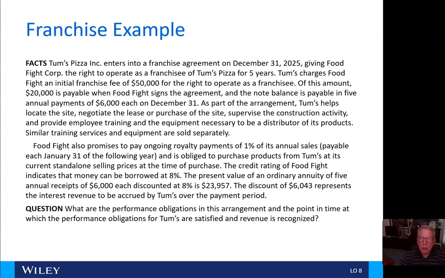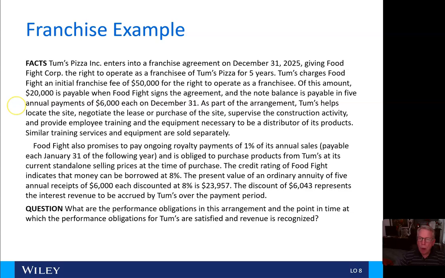As part of the arrangement, Tums helps locate the site, negotiate the lease or purchase of the site, supervise construction activity, and provide employee training and equipment necessary to be the distributor of its products. Similar training services and equipment are sold separately.